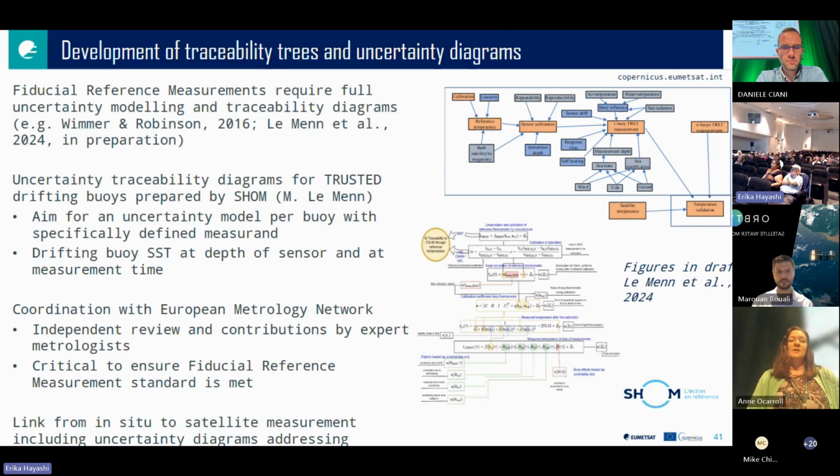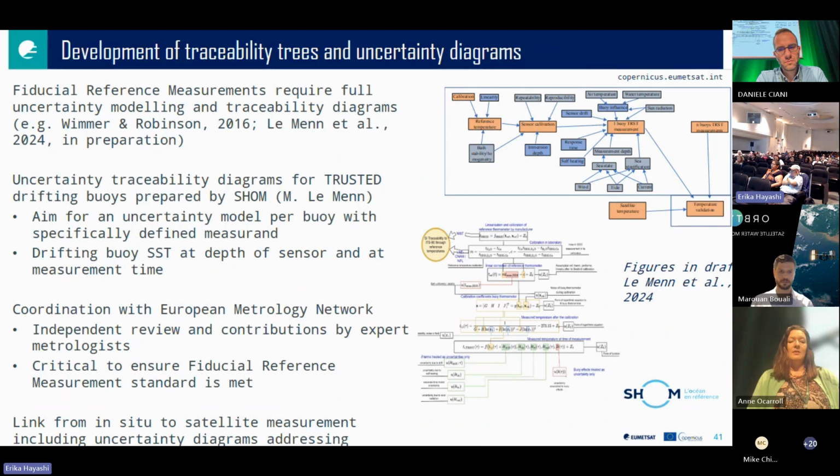So the aim is for an uncertainty model per buoy with specifically defined measurands. And this means it's for the drifting buoy SST at a particular depth of sensor and at a particular measurement time. So we're coordinating with the European Metrology Network to bring in their expertise whilst we produce these traceability diagrams.